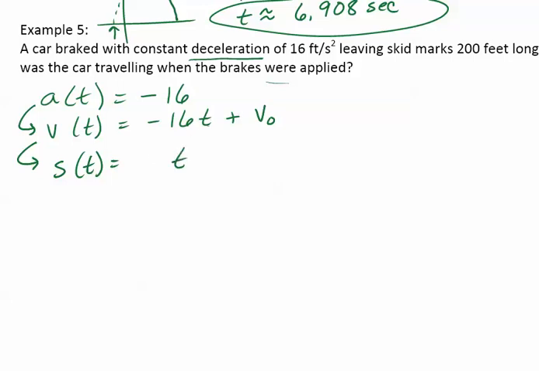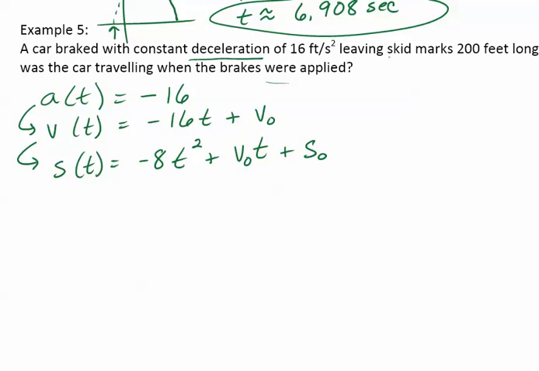So this first term, I'm going to raise the exponent to a 2 and divide by that 2. And the v sub 0 is a constant, so it must have come from a v sub 0 times t term. And then we have to add a constant and think what that constant represents when these two t values are equal to 0. A good name for that constant would be that that is the starting position.